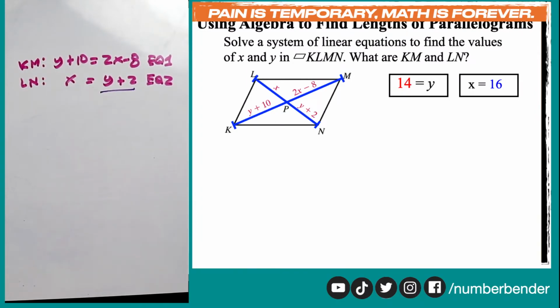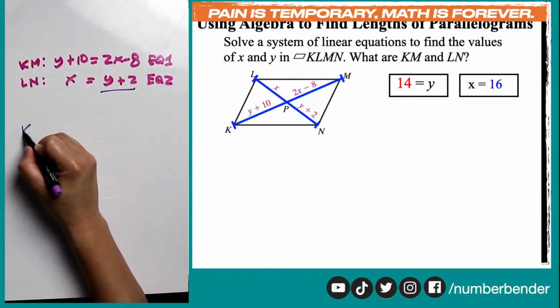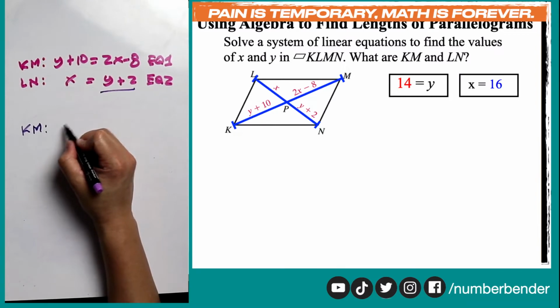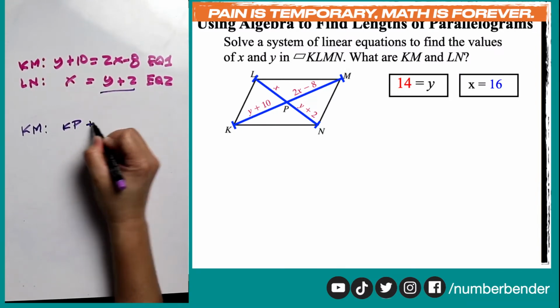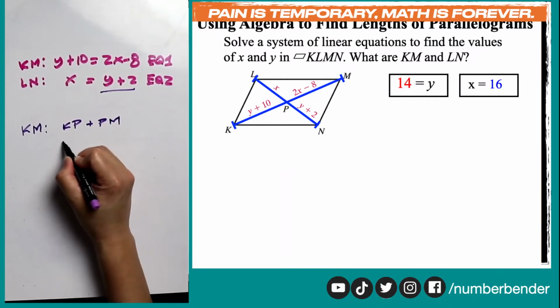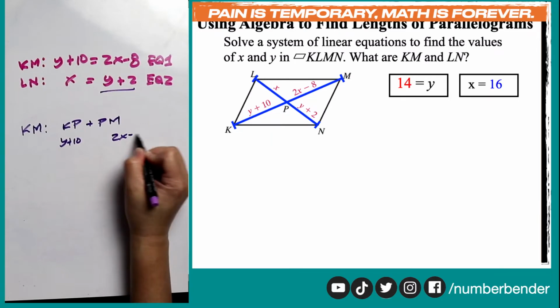KM is no longer an equation, but an expression wherein what we will do is to add KP and PM. And we know that KP is y plus 10, and we know that PM is 2x minus 8.